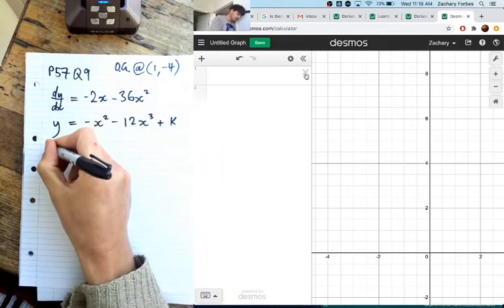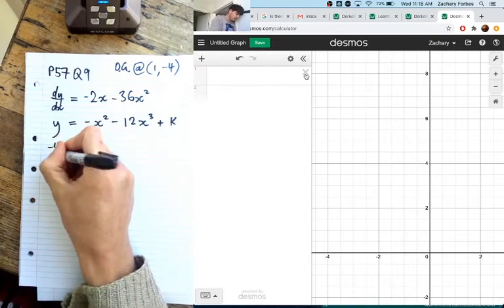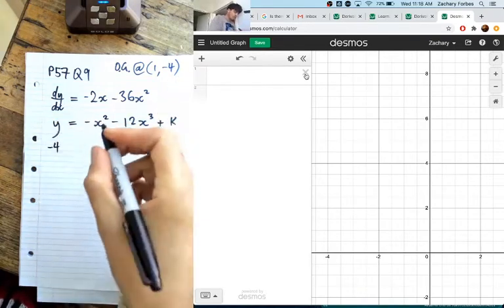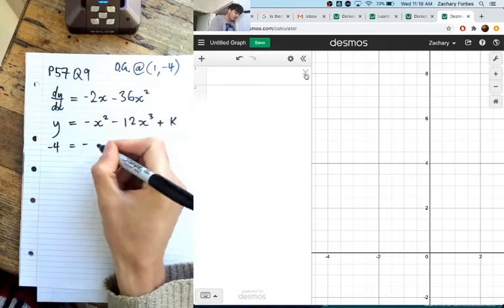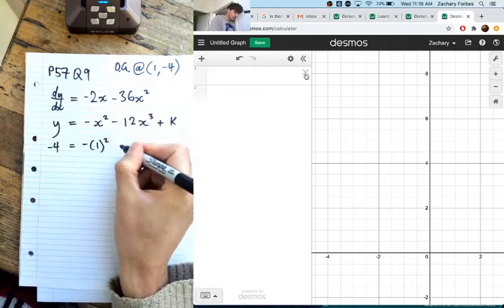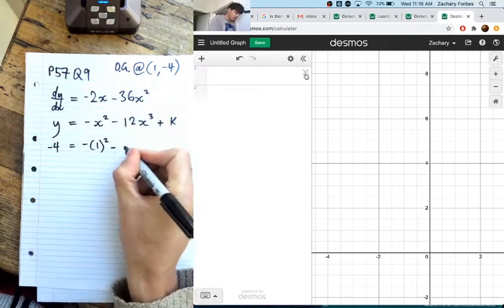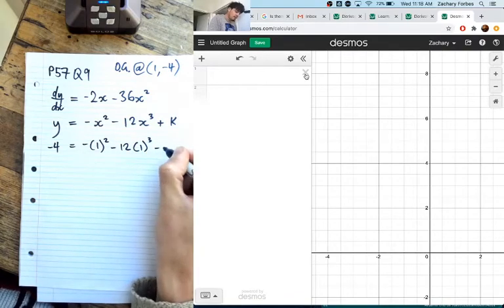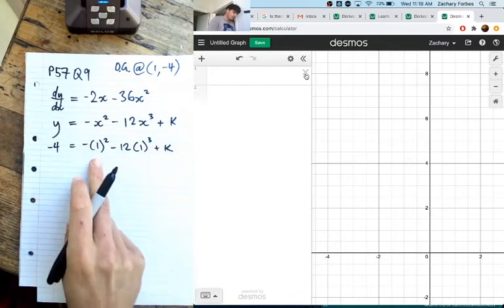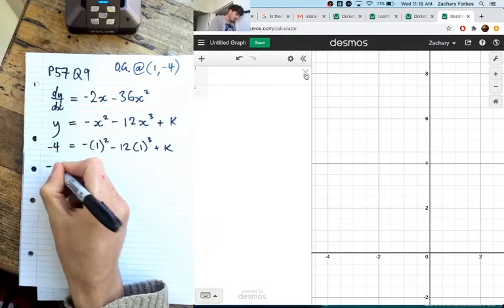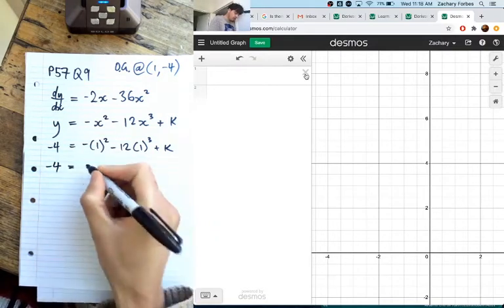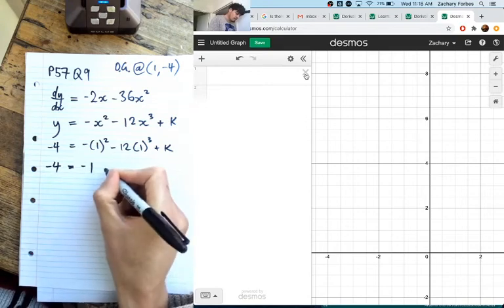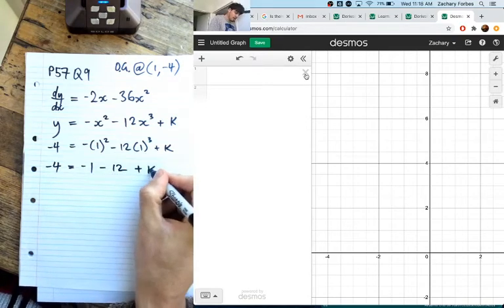So let's just substitute that in straight away. It's going to be -4 for y, because that's our y value there, equals -1 squared, because 1 is our x value, minus 12 times 1 to the power of 3, plus k. Oh, these are super easy. Okay, -4 equals -1 minus 12 plus k.